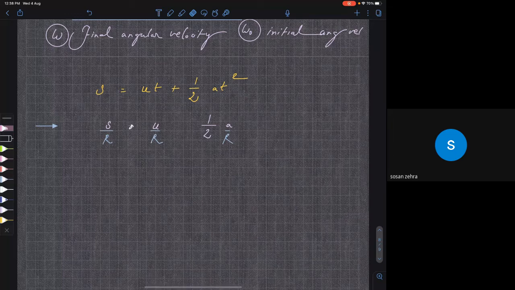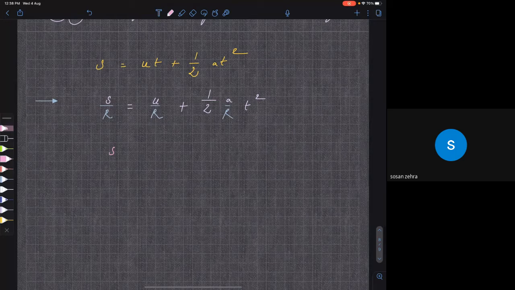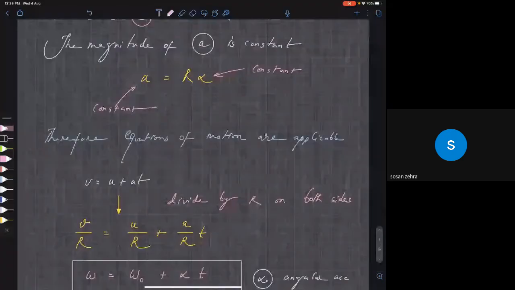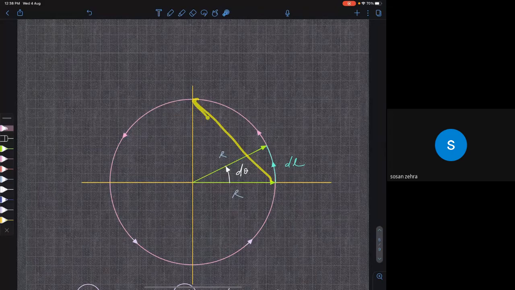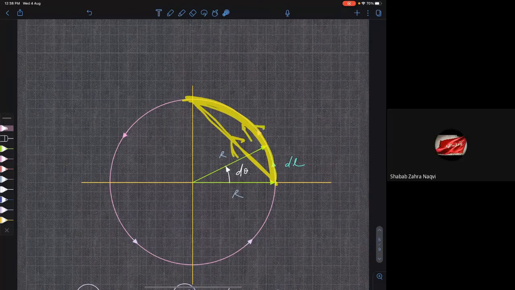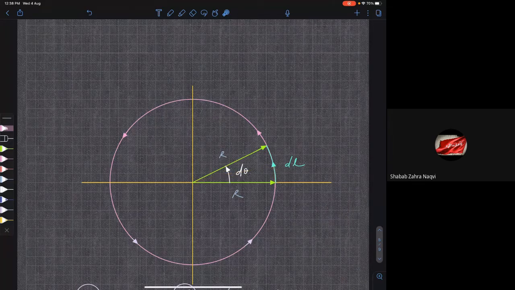There is one small thing that you need to keep in mind here. s must be small. This is applicable for a small time interval. If it goes from here to here, distance traveled and displacement will be different. But if it travels a small distance, both will remain the same. So this equation derivation is applicable for a small time interval only.